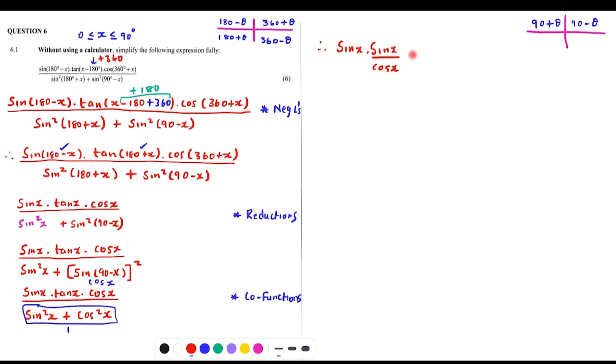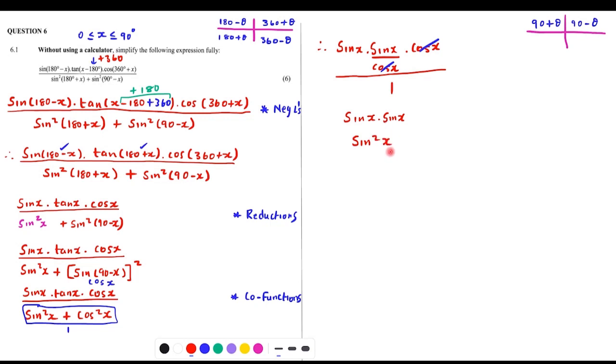So that's the numerator part, and then the denominator part is 1, so it's going to be over 1. And as you can see here, this cancels with that, and I'm going to be left with sine x times sine x over 1. Now sine x by sine x is sine squared x, and that is going to be our final answer.